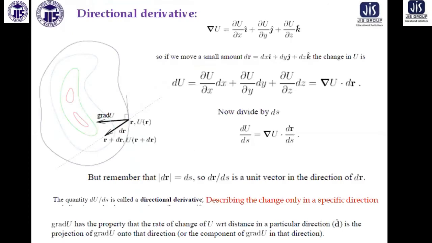If you take a particular direction and take the dot product with the unit vector in that direction, that is called the directional derivative. Describing the change, what does the directional derivative do? It talks about the change in a specific direction only. That is the job of the directional derivative.